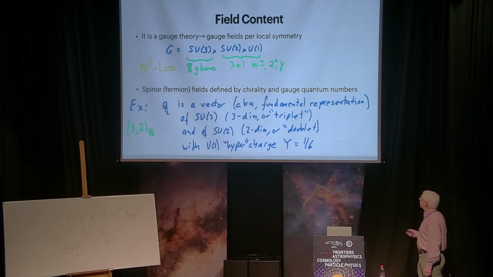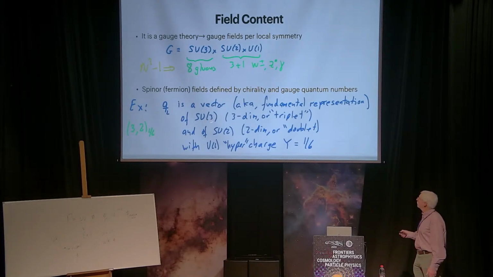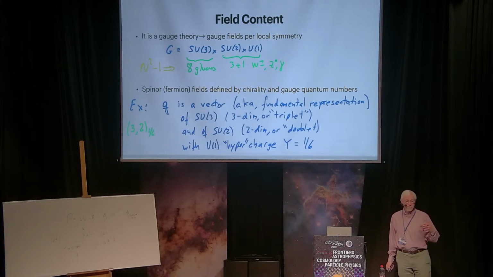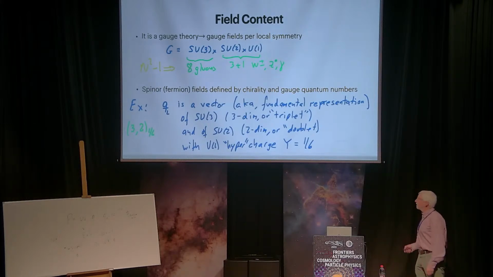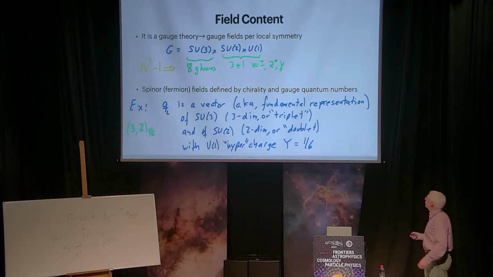Being a two-dimensional object under SU2 makes it transform in the fundamental representation of SU2, and a three-component object of SU3 makes it also transform in the fundamental representation of SU3. You see, I'm starting to have trouble because of the wine last night.